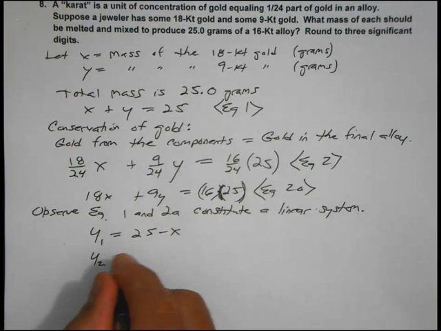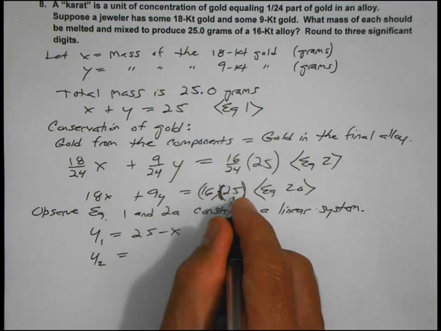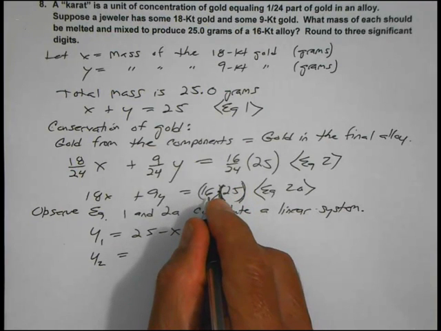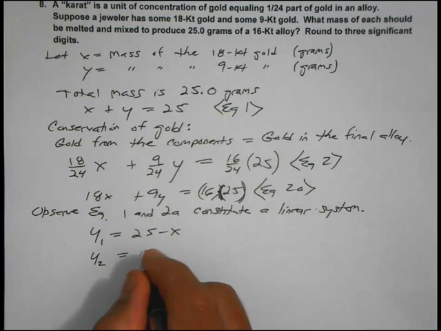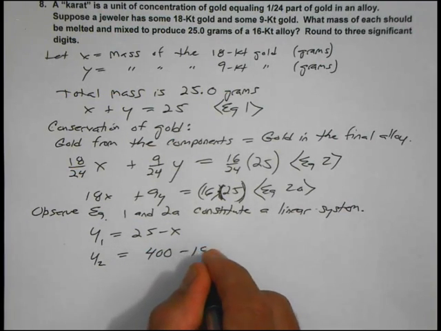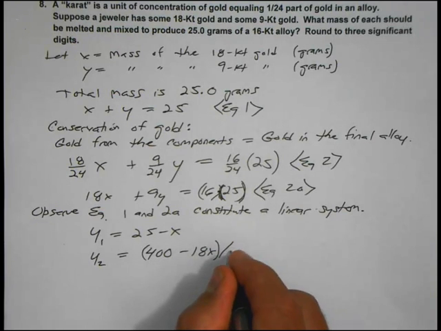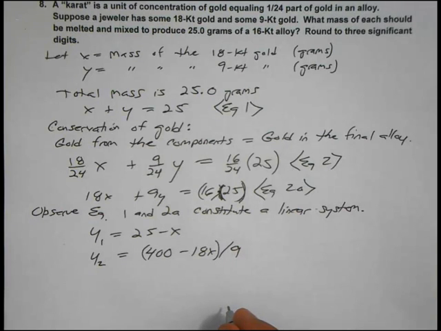y2 will equal, let's see, 16 by 25. That would actually be 400, wouldn't it? So let's go ahead and take care of that now. 400 minus the 18x, and then divide that by 9. Okay, here we are, ready to go to the calculator.